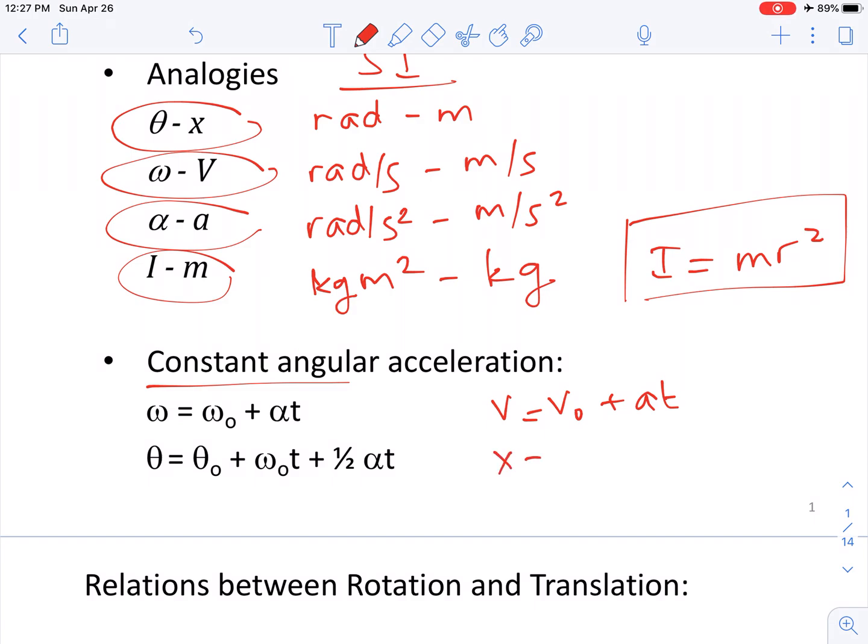I'm just writing in 1D: x equals v0 t plus 1/2 a t squared. Of course, this is v0x and this is ax, but in 1D it's okay not to worry too much about this labeling, though it is a good habit to put those labels correctly. I found my typo here: this is t squared. So these are the two equations.